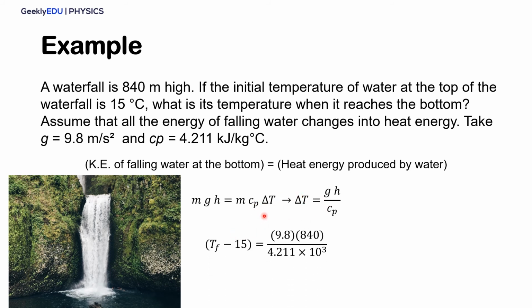And we can now insert the values here. We have the final temperature, the thing we want to find, the initial temperature, 15 degrees Celsius, the acceleration of gravity, the height, and the specific heat of the water in this case. And then we have a final temperature of 16.95 degrees Celsius.